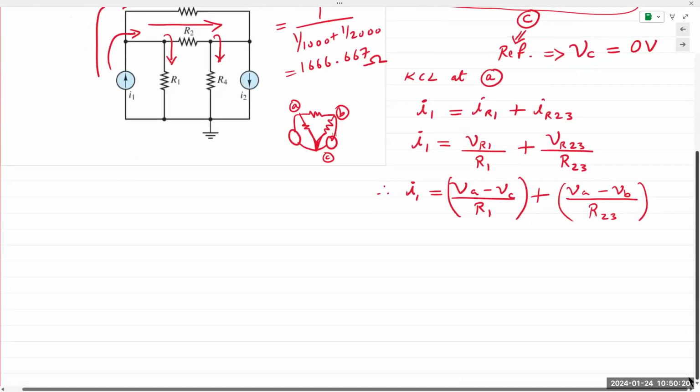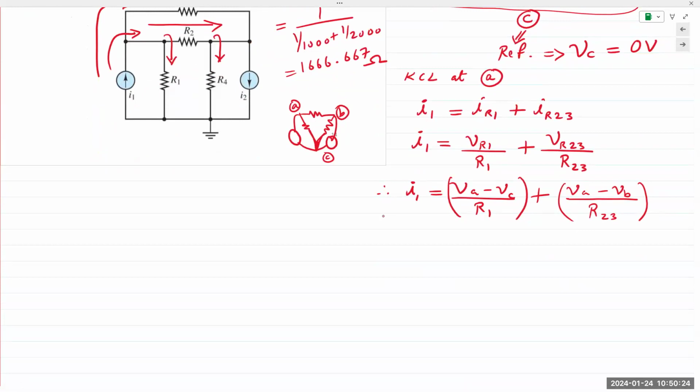At this point, plug in all the known values in the equation. I1 is 10 milliamps, 0.01. VA is unknown. VC is 0. R1 is 1000. VA minus VB divided by 166.667.